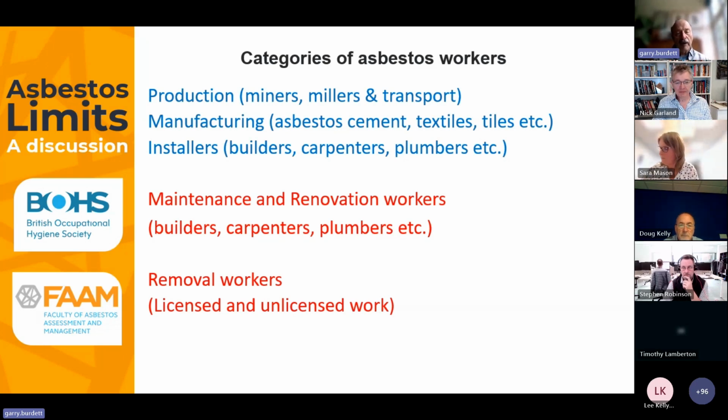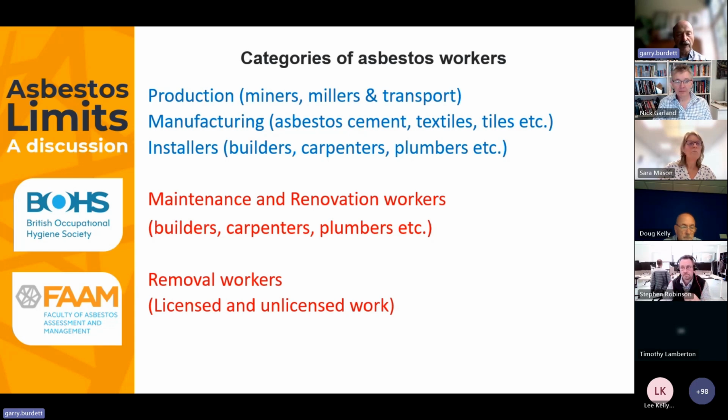If we look back at the history of EU directives and the history of asbestos work, there were 3 groups in particular: the production, manufacturing and installers who got the early exposures. Now these groups in the West don't really exist anymore.